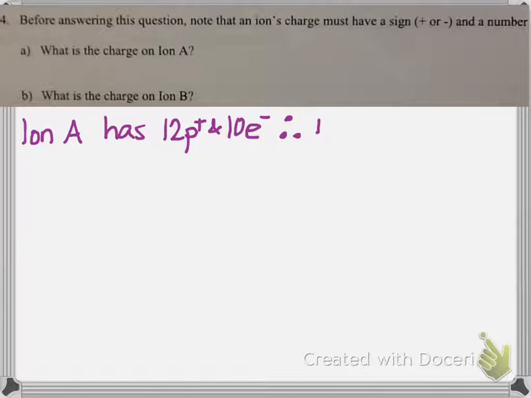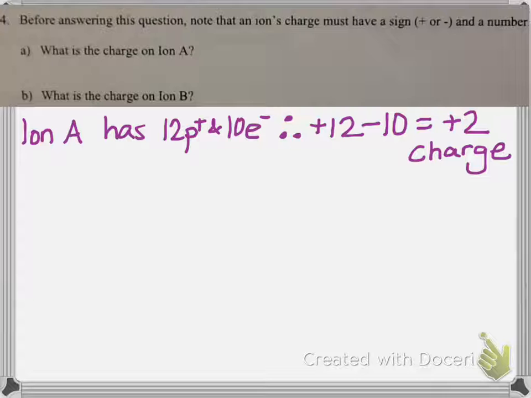Therefore, we have plus 12 for the 12 positively charged protons, minus 10 because we have the 10 negatively charged electrons, which gives us a charge of plus 2. So the charge on ion A is positive 2.